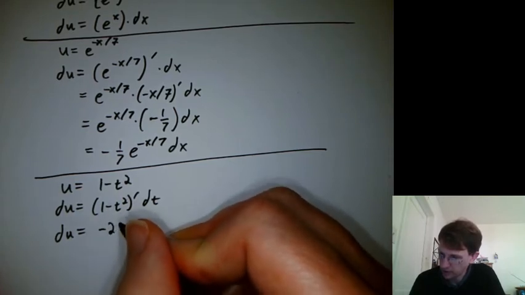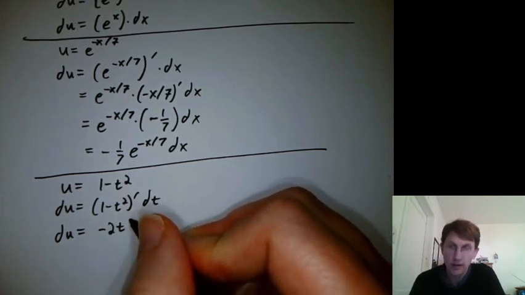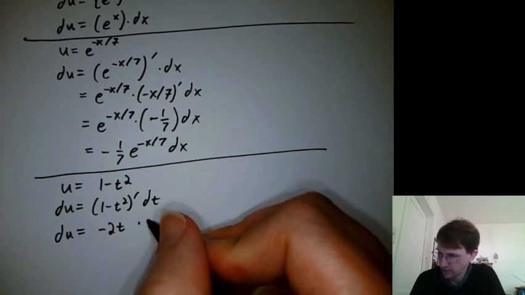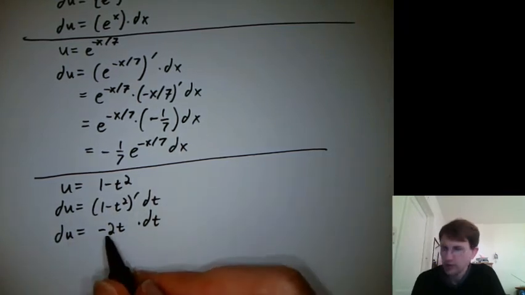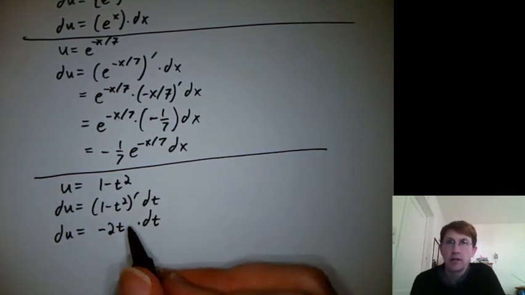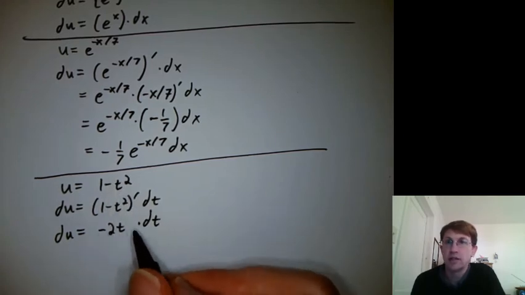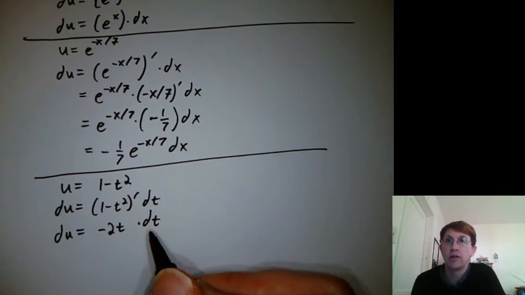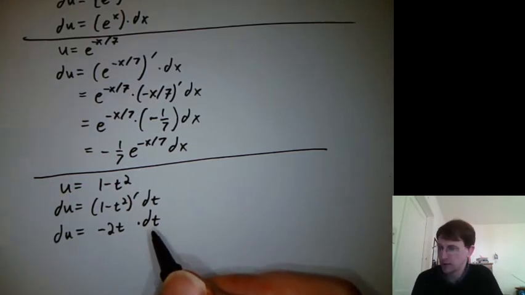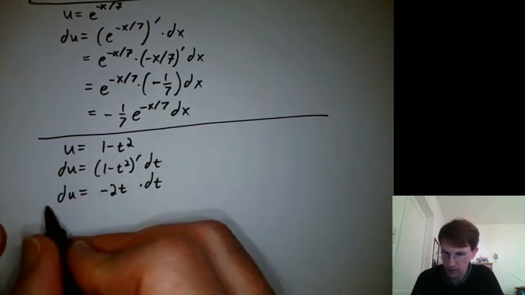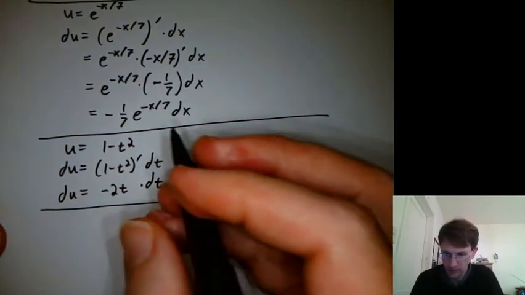Still have the minus 2t. You could say t to the 1, but there's no need to. So du equals negative 2t dt. Or if I had a plus here, it would be du equals 2t dt. That happens all the time in Chapter 6, in Calc 1, and again in Calc 2. So you'll be used to writing that kind of thing over and over.